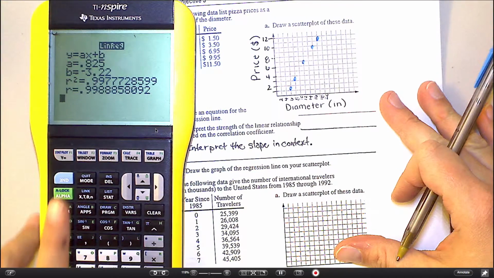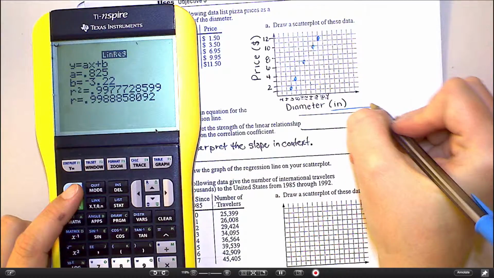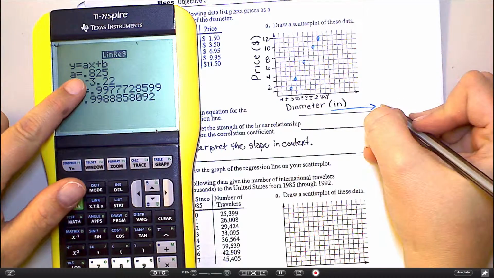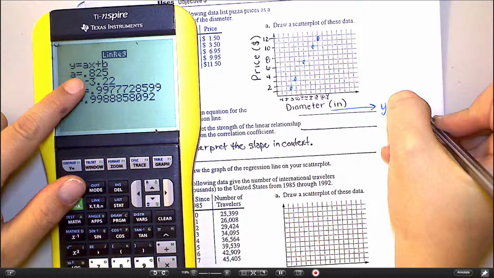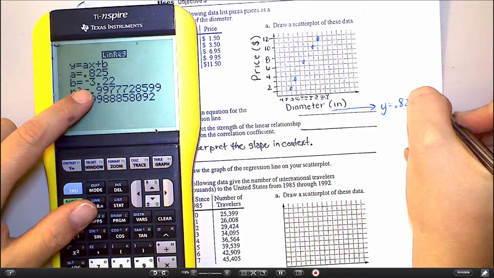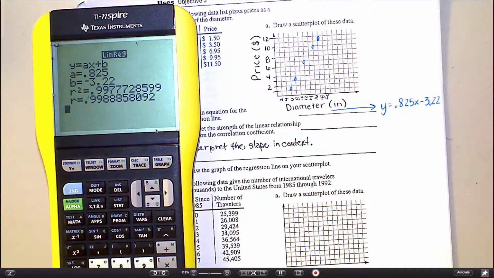Okay, so my equation for the line of regression, and I kind of used up my space here, so I'm going to put this over here, would look like this. Y equals 0.825x and then minus 3.22. So those numbers came from the A and the B here. That's my equation for the line of regression.